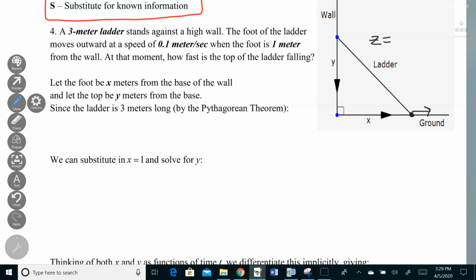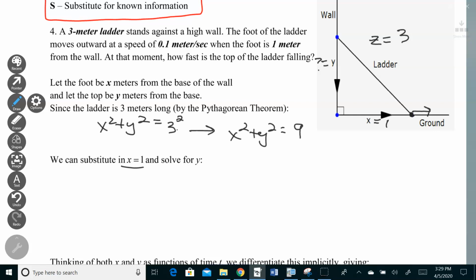away from the wall. So right now I know this ladder, which is side z, is 3. X equals 1. I don't really know what side y is in the moment, but I'll figure that out. Well, my Pythagorean theorem is x squared plus y squared is equal to z squared, or even better yet, is equal to 3 squared, and I get x squared plus y squared is equal to 9.